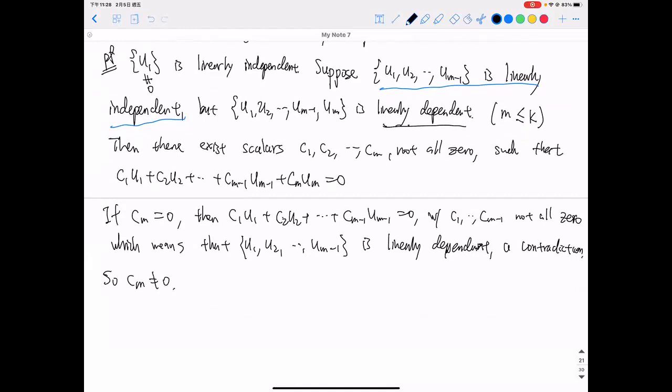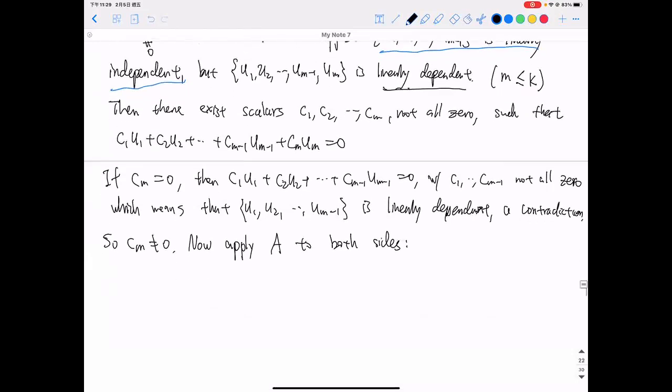Okay, very good. Now apply A to both sides. What are we getting? A applied to C1U1 plus C2U2 plus up to C(m-1)U(m-1) plus CmUm equals A applied to 0, and that, of course, is 0.